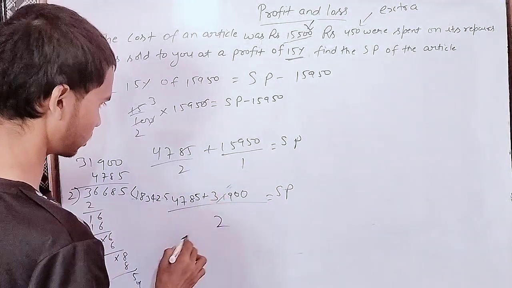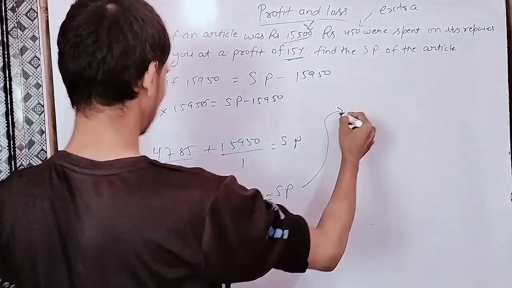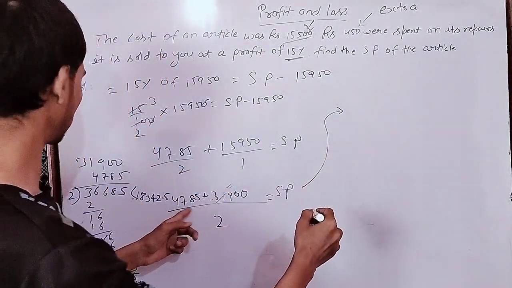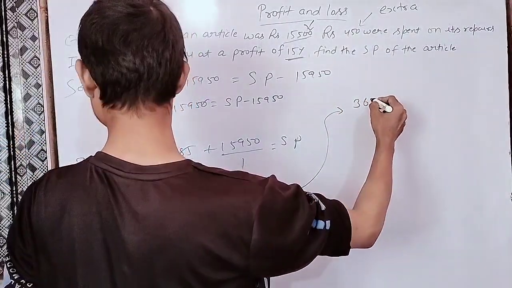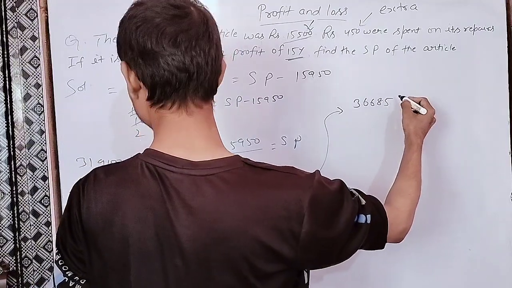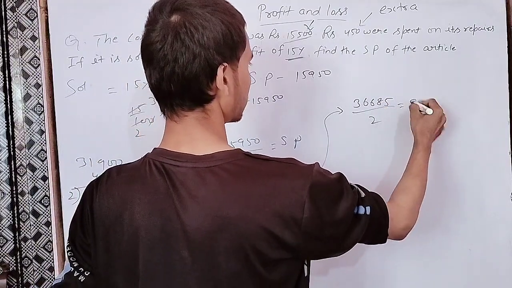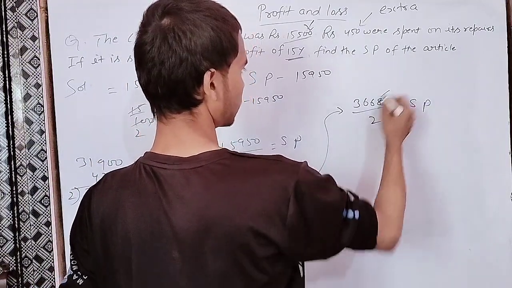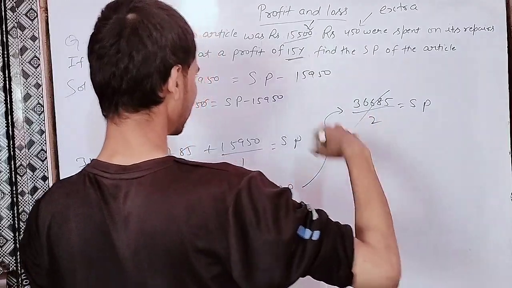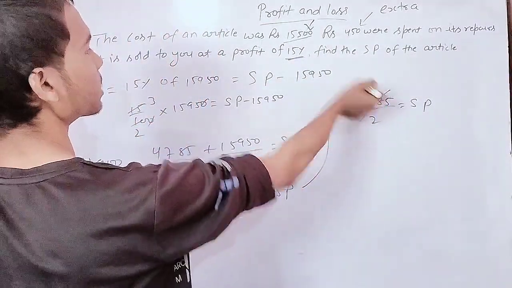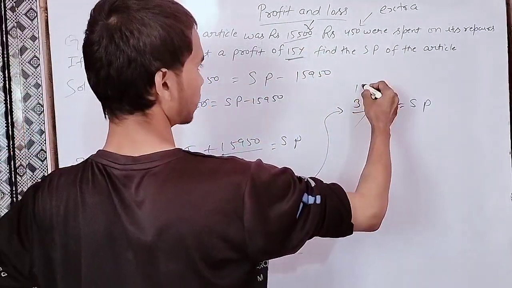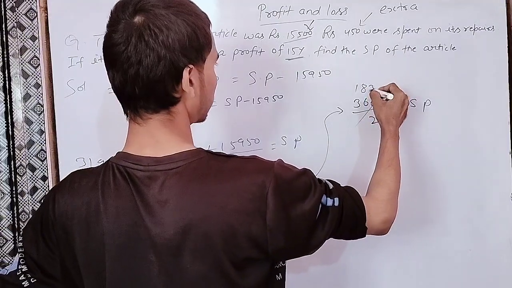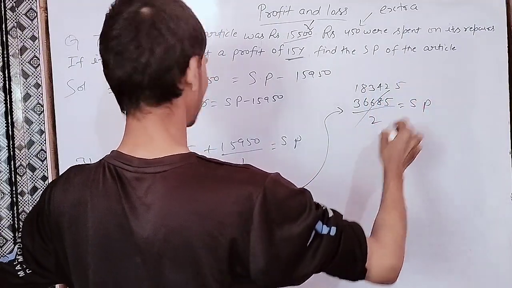Hold on. Here it is how much? 36,685 upon 2 is what? Selling price. And this two number cuts this number by 1,342.5.